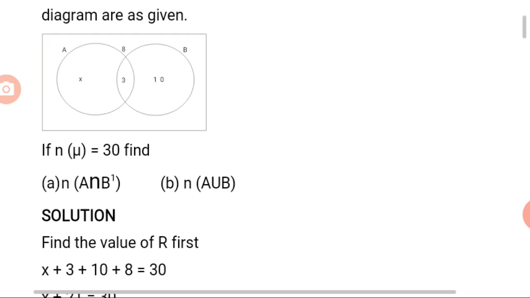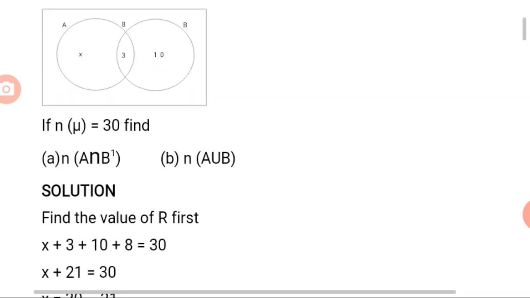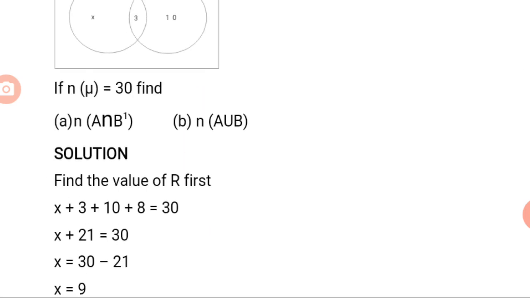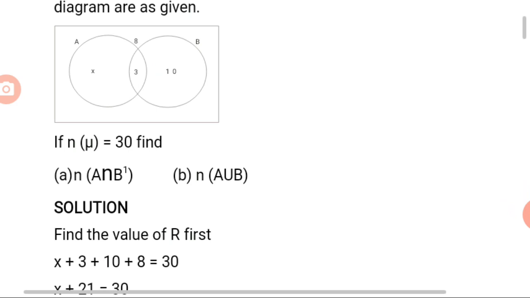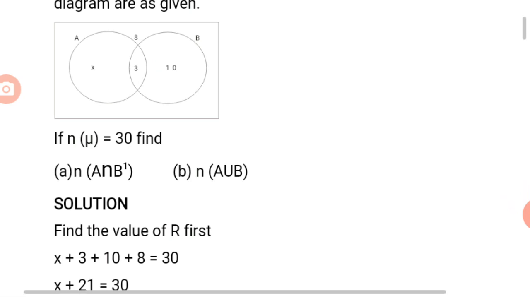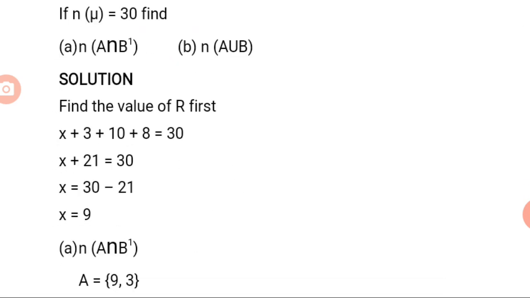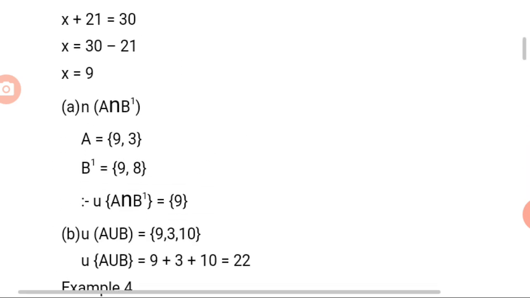Our A is 9 and 3, while our B is 3 and 10. But B complement will be 9 and 8, that is what is not inside set B. Is 9, that is the value of X, and then 8. Are we together?